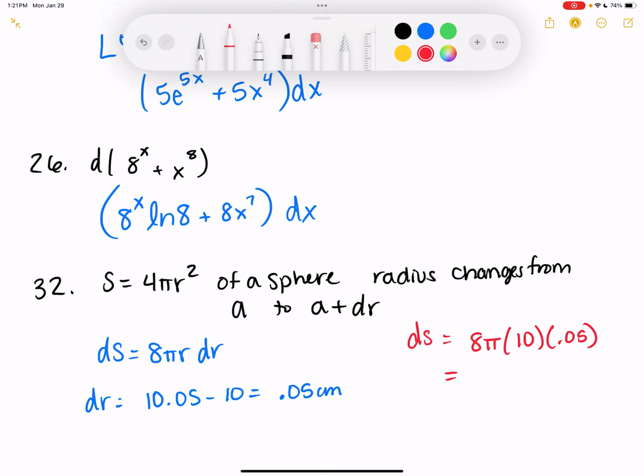They leave the pi in the answer, just FYI, but if you multiplied it through, it would also be fine. 4 pi centimeters squared, because we're dealing with surface area. Dr is going to be 0.05 for all of these because it gives us the same instructions.